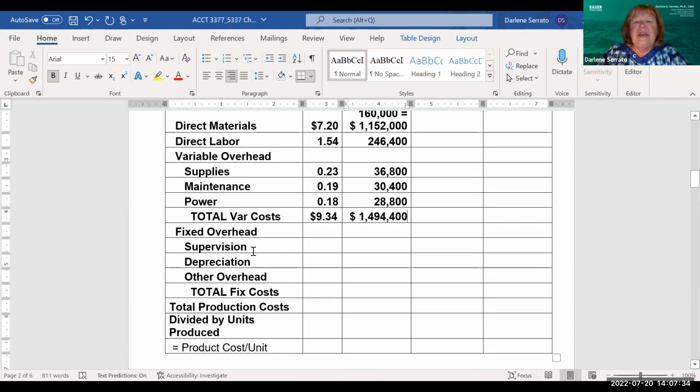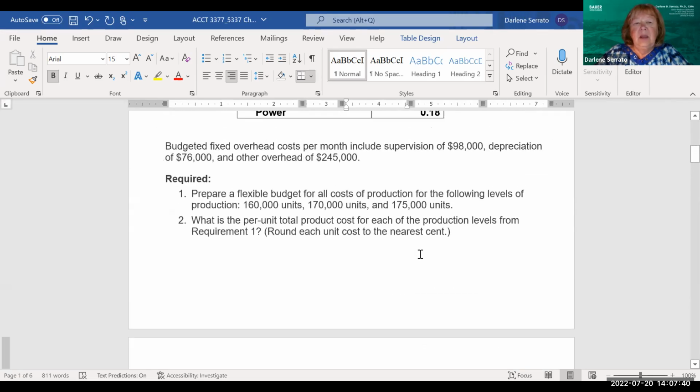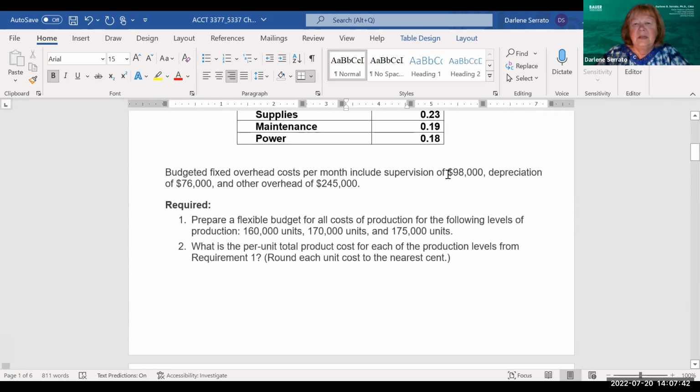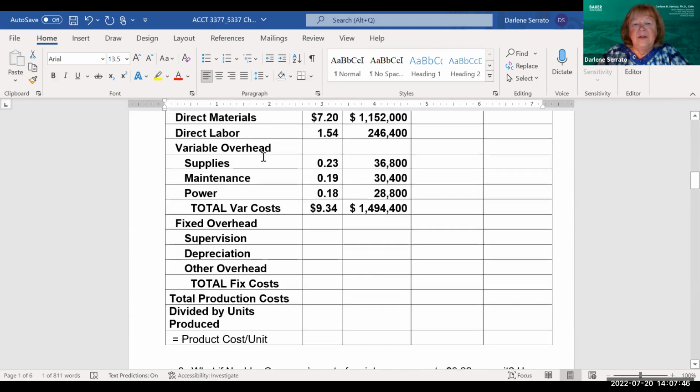Now, the fixed costs do not change with changes in activity. So we need to come up here and get the fixed cost. Supervision is 98,000.